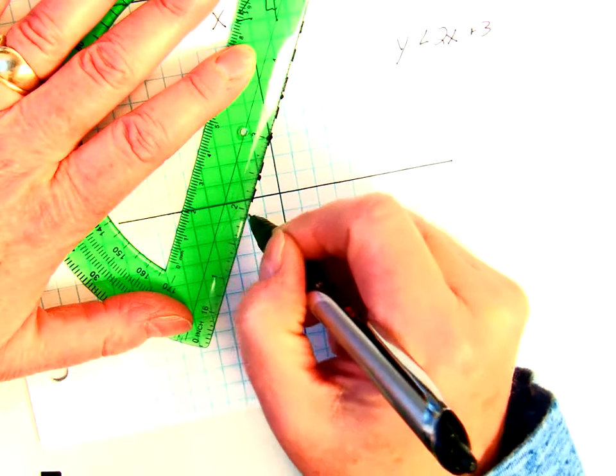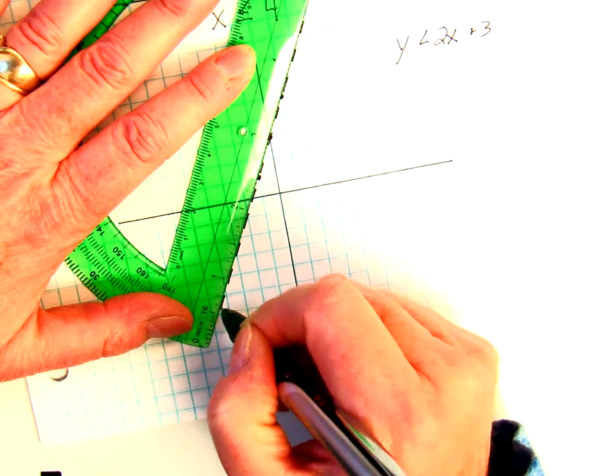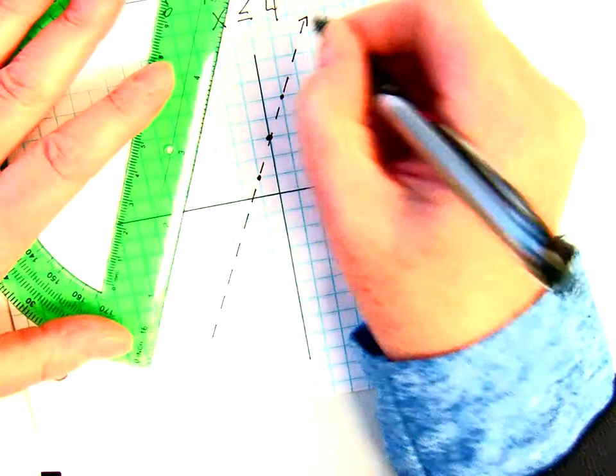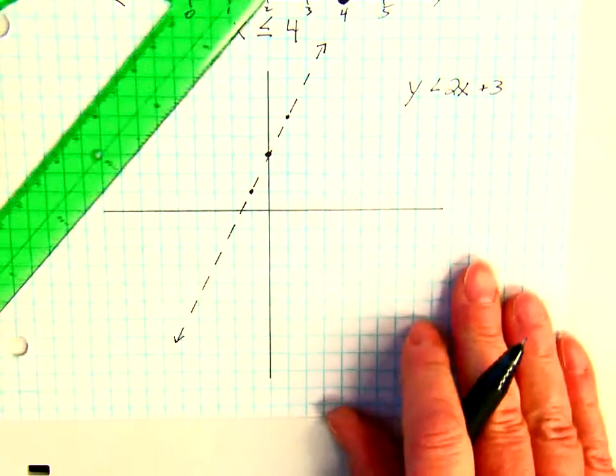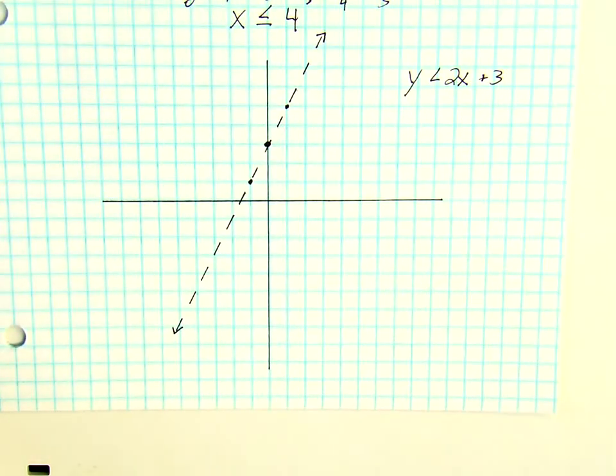This says, here is my line, but please note that the points along this line are not included in my solution. Now, when I graph this inequality, what I'm looking for is all of the points that satisfy that inequality, and I have to shade those points that are included in the solution set.